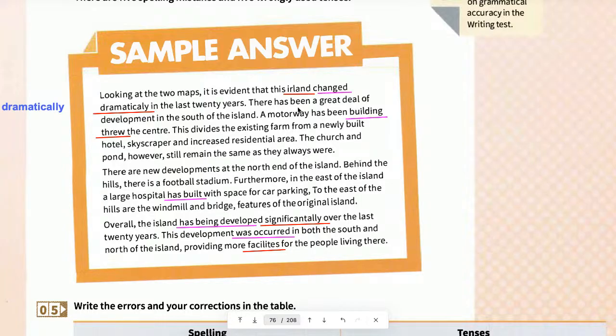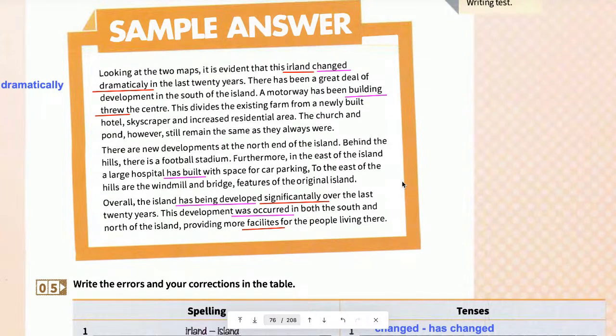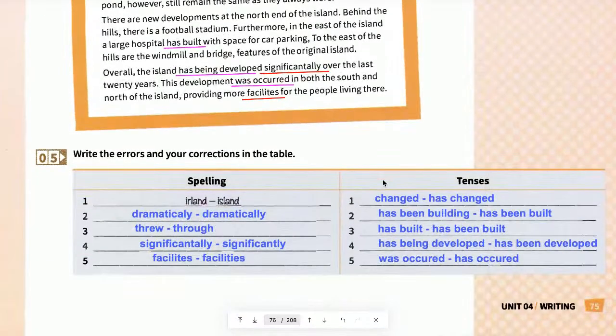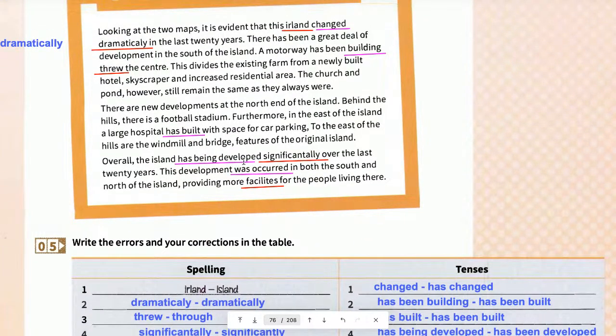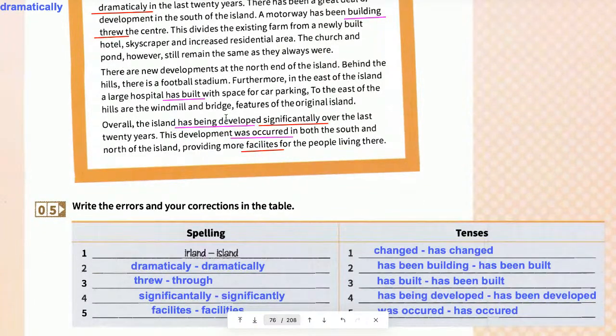Okay, paragraph 2. Yes, has been built. Line number 3, right? The last paragraph. Yes, has been developed. Is that it?